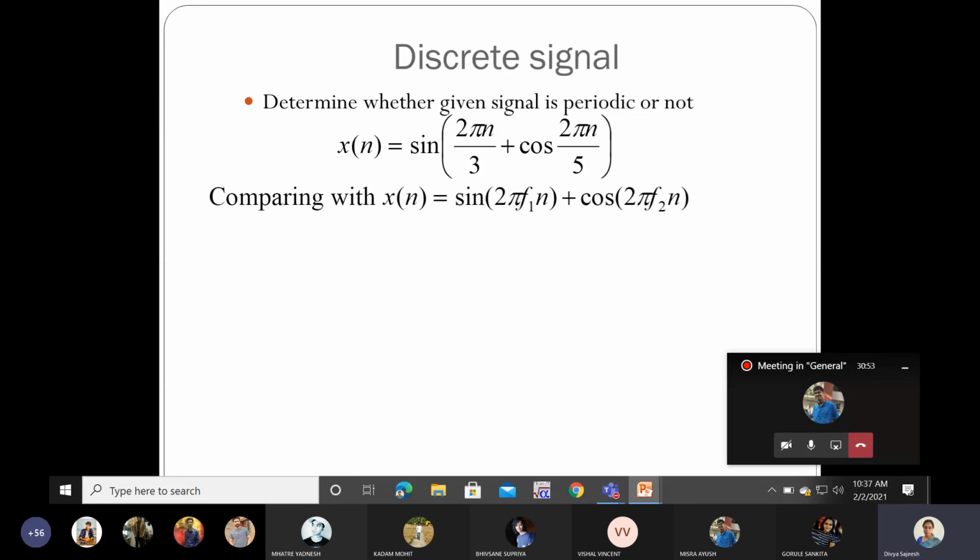Now these are two separate signals, a combination of sinusoidal and cosine signals.